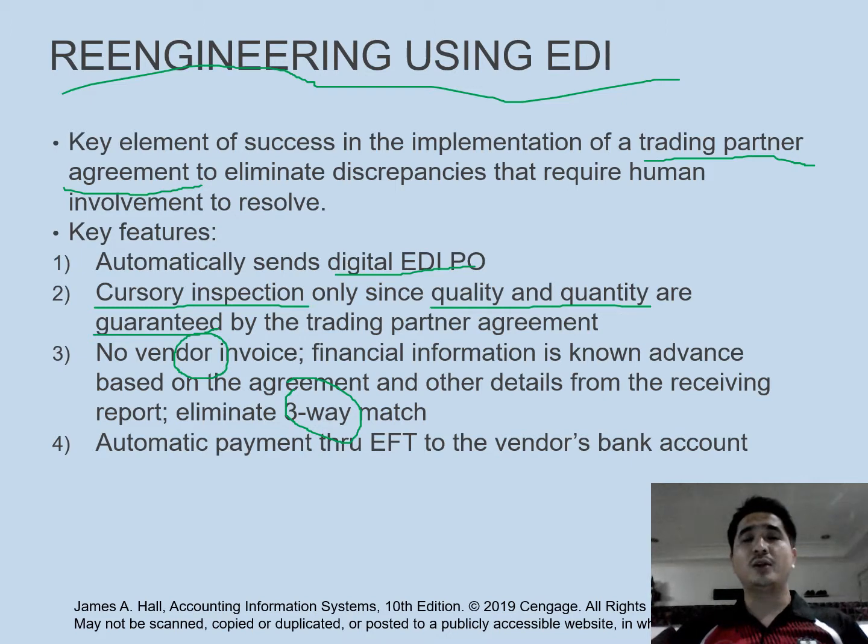You can now have the vendor invoice, or an information equivalent to the vendor invoice without the actual vendor invoice. So you can eliminate that. And if you can eliminate the vendor invoice, you just need two documents, the PO and the receiving report. That's why you only perform a two-way match, not three-way match. And since this is automated, payments are done through the most automated way, through electronic fund transfer or telegraphic transfer.